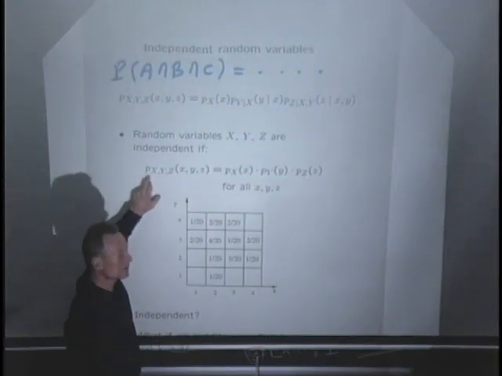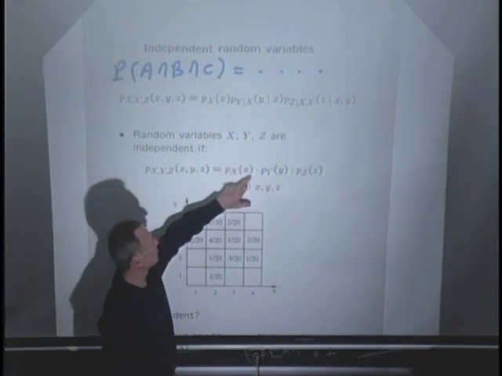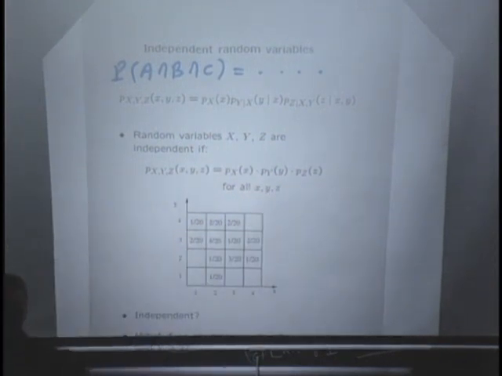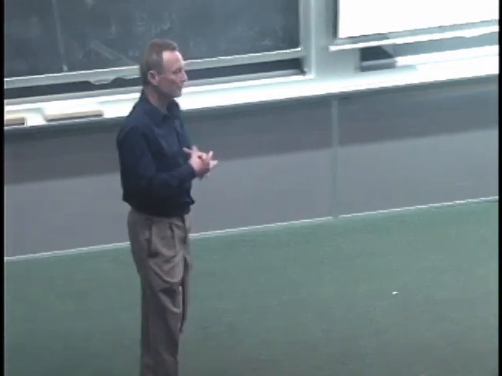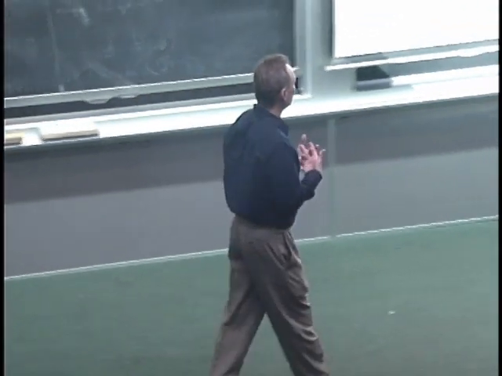So the probability that all three things happen is the product of the individual probabilities that each one of these three things is happening. So independence means mathematically that you can just multiply probabilities to get the probability of several things happening simultaneously.